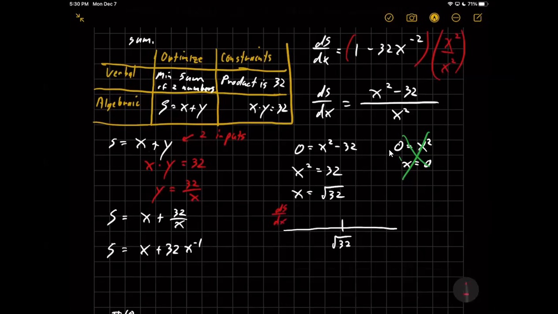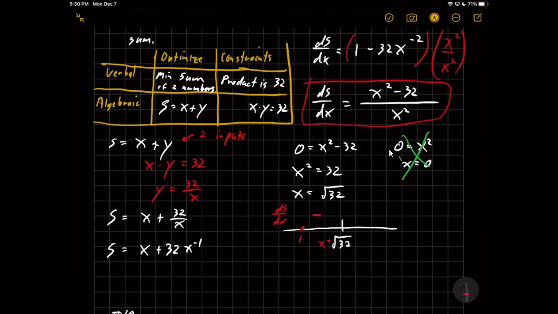Let's pick a number that's clearly less than the square root of 32, but positive. Let's pick a number like 1. If you put 1 into our derivative right there in its most basic form, clearly it's negative.